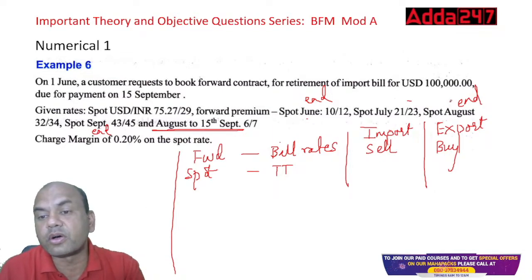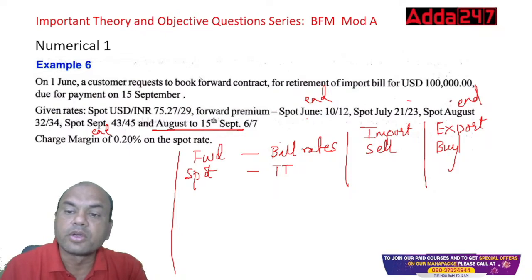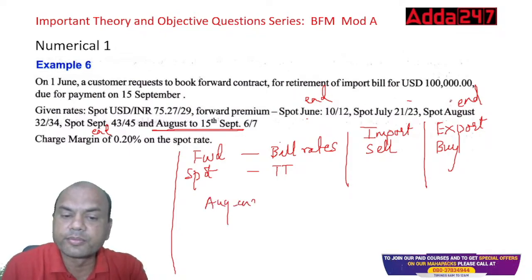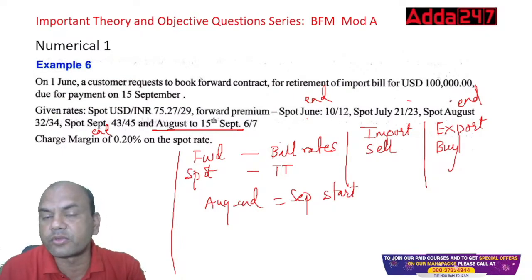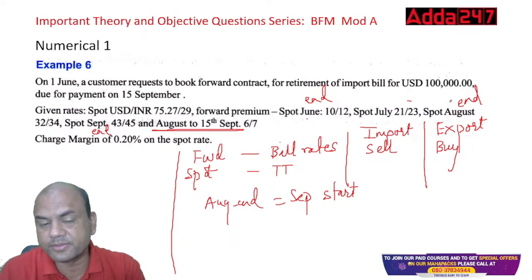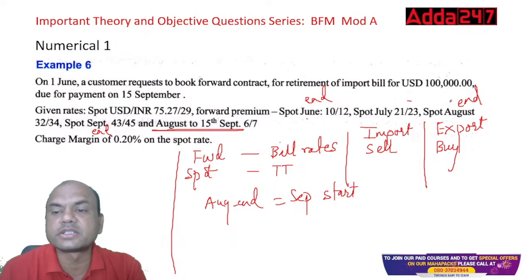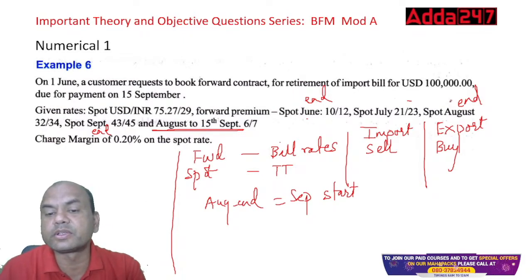I'll have to use the August end rates here. August end is equal to September 1, September start. This is like the closing cash and opening cash of your bank: the closing cash for yesterday is the same as the opening cash for today. The same logic is used here, so August end equals September start.